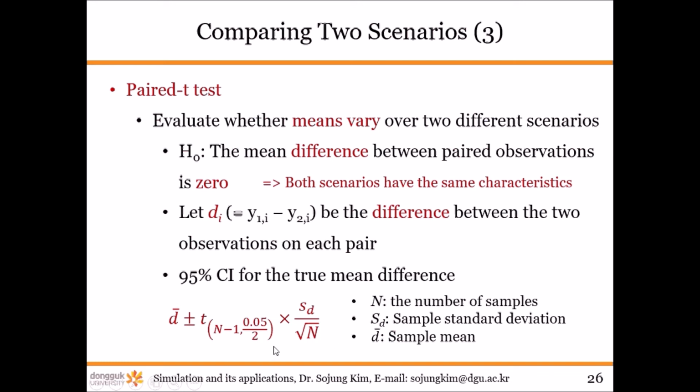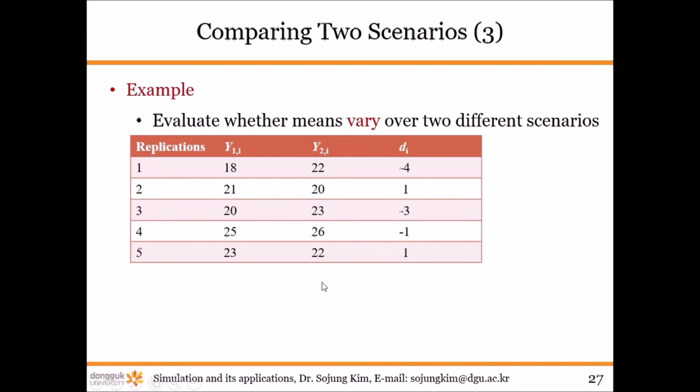Here n is the number of samples, so the number of pairs, d-bar is the sample mean of the di, and sd is the sample standard deviation of di. Okay, so di is a difference of a paired set.